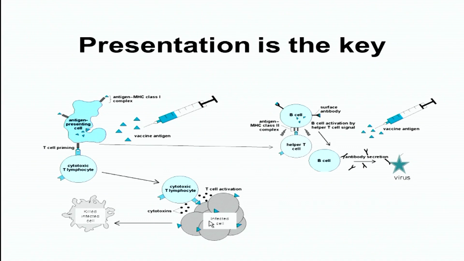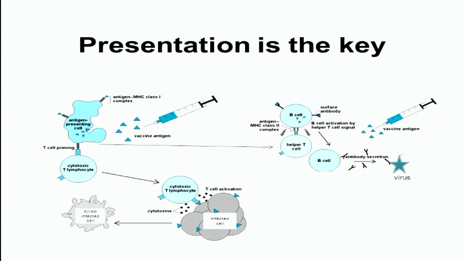These antibodies attack pathogens. They bind to the surface of the pathogen. And the T cells are required for killing infected cells, for example, HIV-infected cells. So how the antigen first is taken up by the immune system is one of the most important steps in vaccination.